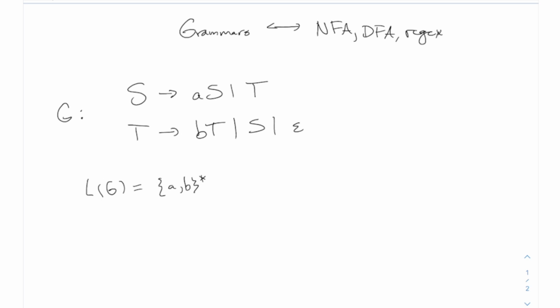Let's try to derive, what I'm saying is we can derive any string. How about A, B, B, A? Can we do that? You have to start with S. While I'm writing a specific derivation, we use that double arrow.